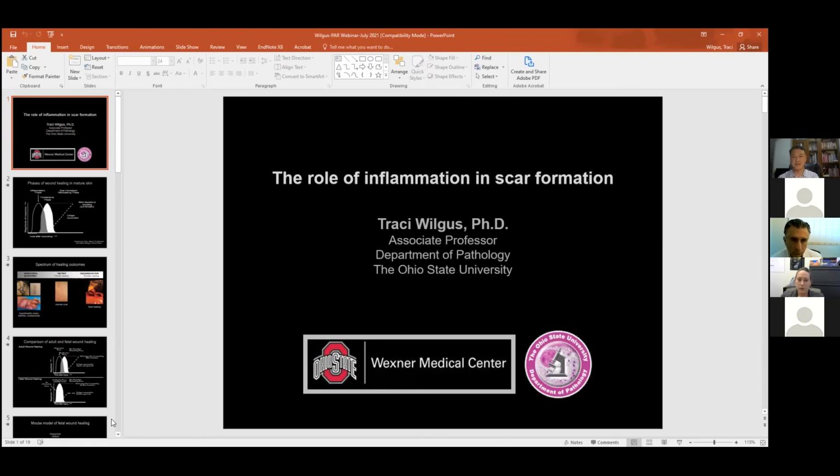If you think of someone that has a skin cancer lesion on their face, for example, and they have to have surgery to remove that lesion, someone like that might be willing to sacrifice and have a little bit of a delay in healing if the outcome in terms of scar formation is going to be better.